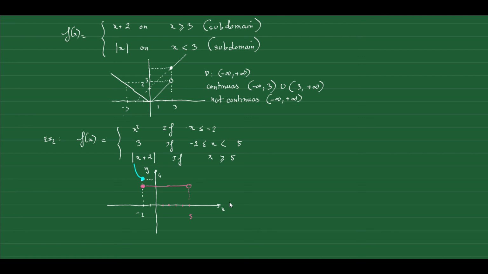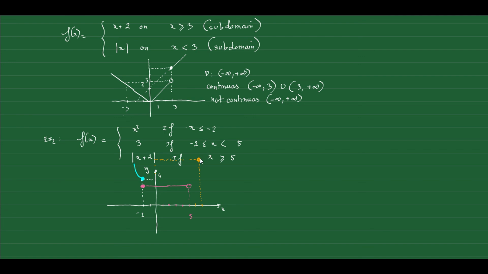Then the last one, you have the absolute value, and this one, let me use a different color. You will have x greater than 5, so that's x plus 2. If it is 5, it will be 7. So 5 will be 7, and you can make a dot here.